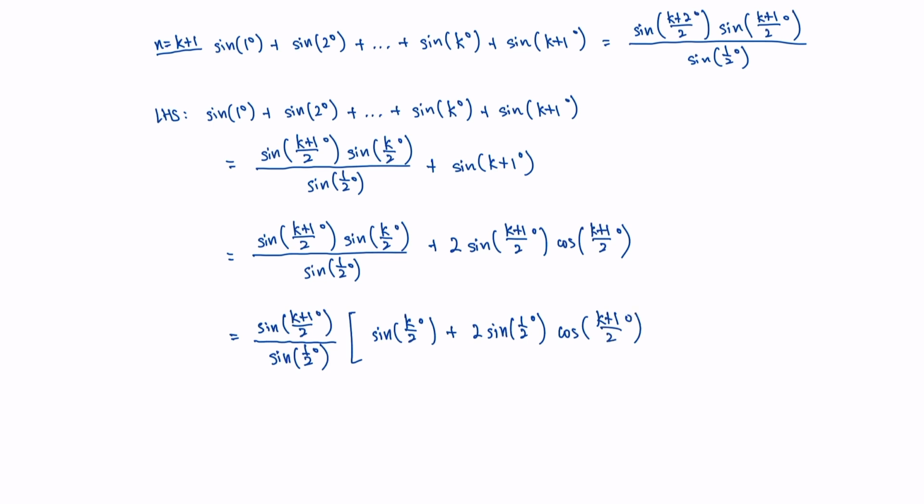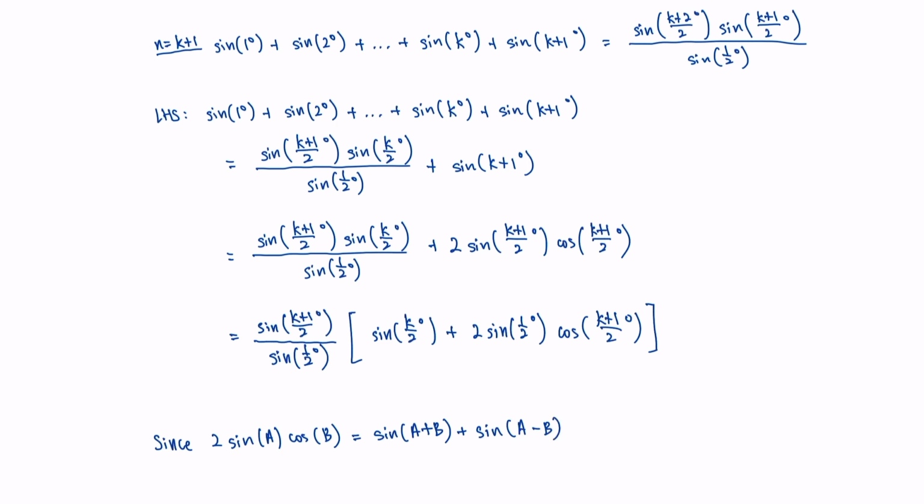Okay. Now, we're going to use the identity we proved in part D, right? So from part D, let's recall, what did we prove? We proved that 2 sine of A cos of B is equal to sine of the sum plus sine of the difference.